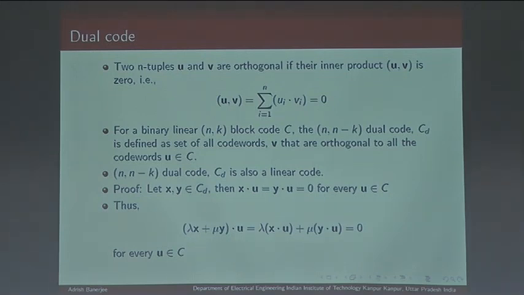That is what he was mentioning, that sometimes it is easier to go to a different domain. To find the weight distribution, I am initially finding the weight distribution of the dual code and then using that to find the weight distribution of the original code.